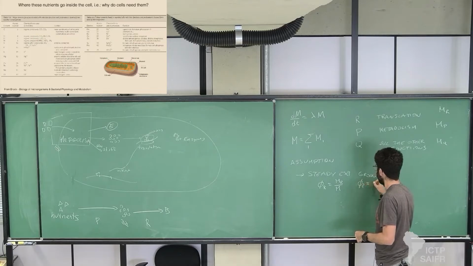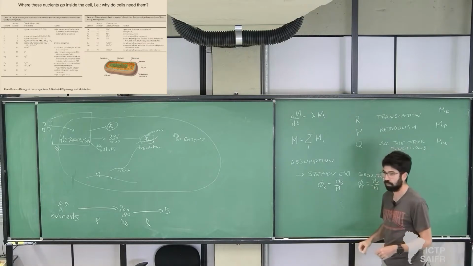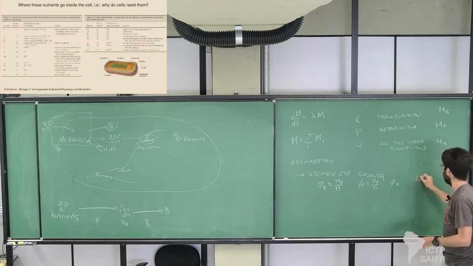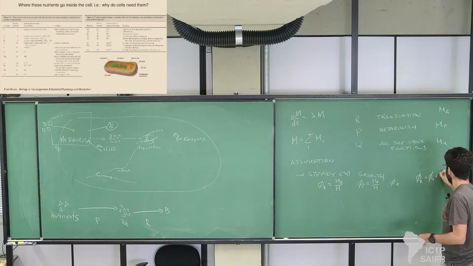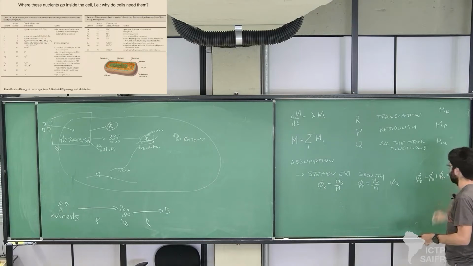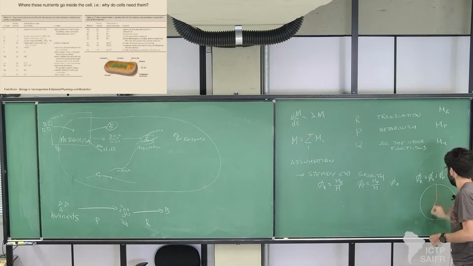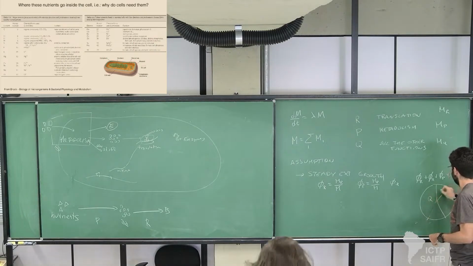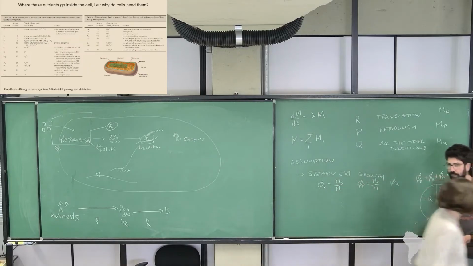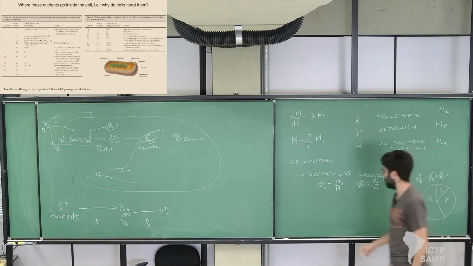And the same for the other sectors, of course. M, and then we have phi q. And so, of course, by definition, phi r plus phi q plus phi p is equal to 1. Okay? So we can imagine that if we look at a cell, we make a pie chart of these three sectors. So this is the first assumption.